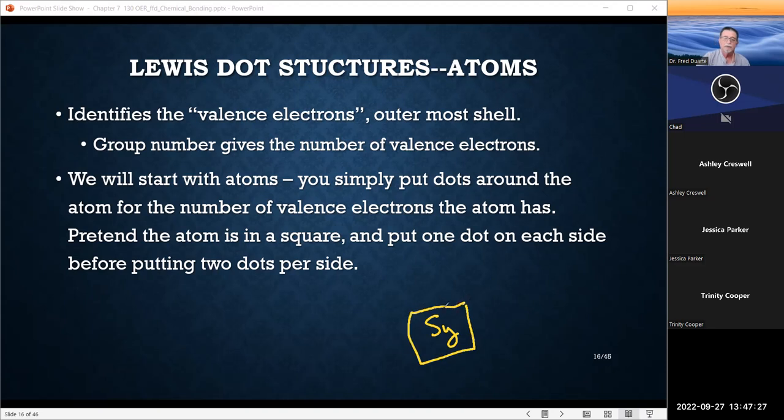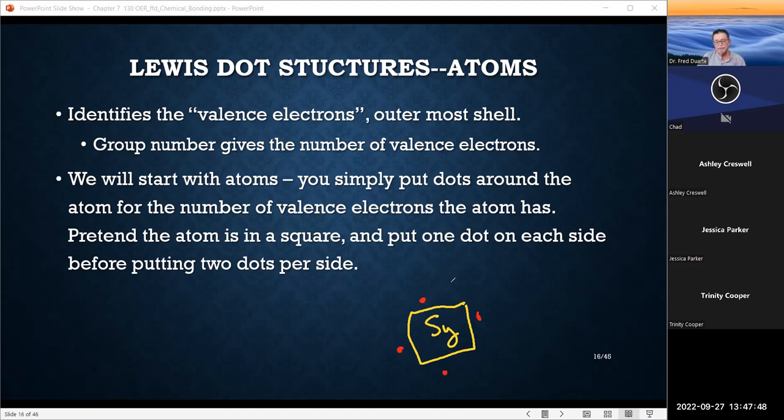Now, when we start adding electrons, we go to one side of the block and go around the horn, filling each side first. So we go 1, 2, 3, and 4. That would be an example of an element with 4 valence electrons. I went around all the sides.